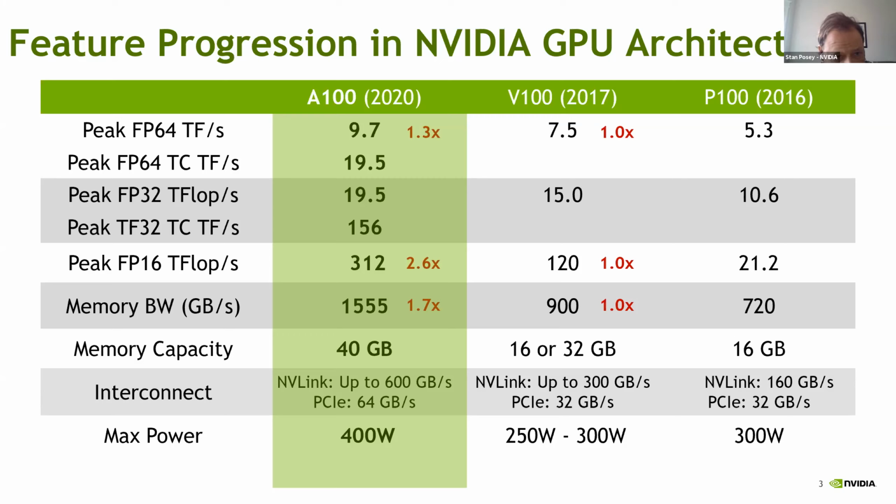Certainly, we're going to see higher peak double precision performance, and also memory bandwidth, which I think is important for this community, where we have an increase of 1.7x, and then larger memory capacity from 32 gigabytes to 40 gigabytes.